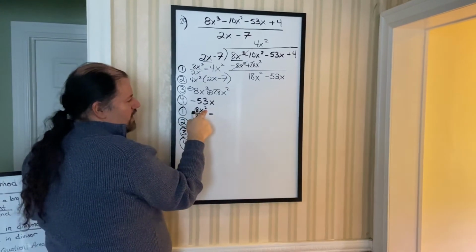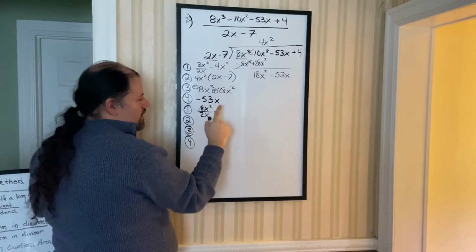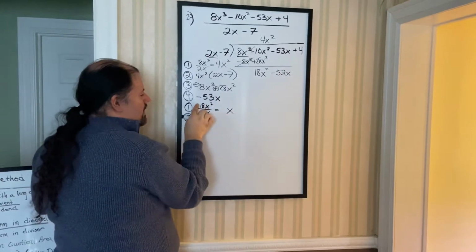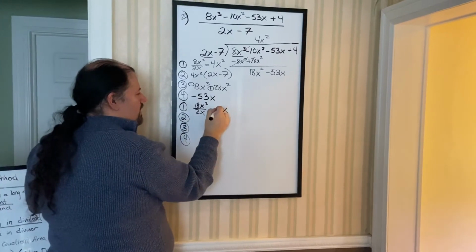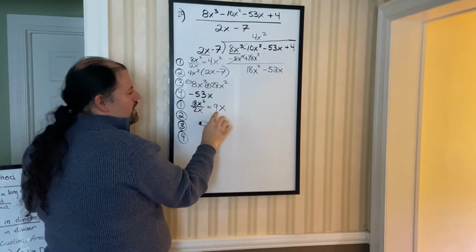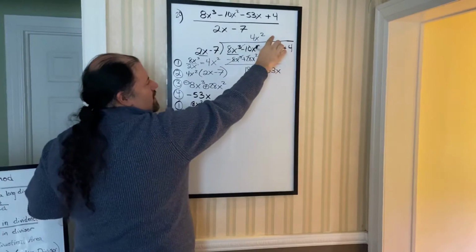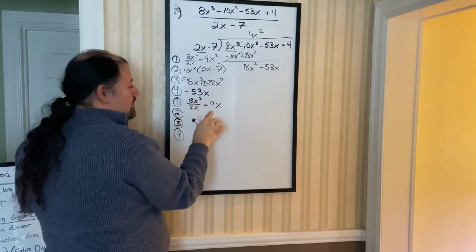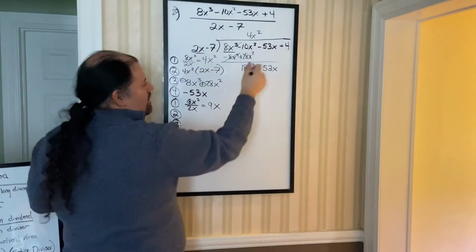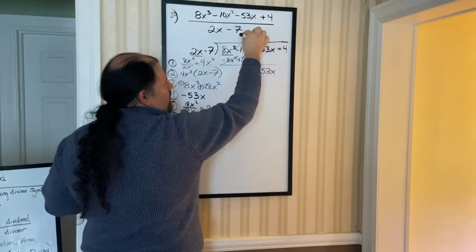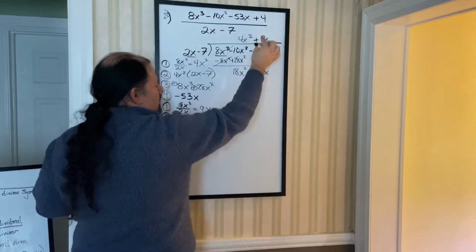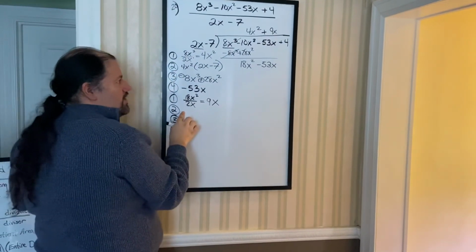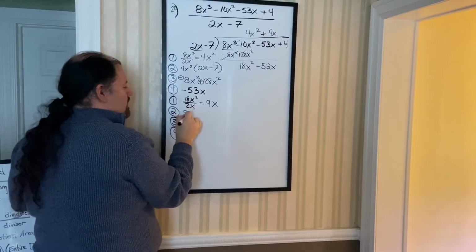You know that if I have 2 x's on top, 1 on the bottom, there's an extra x on top. And then 18 divided by 2, remember, reduce the coefficients, we'll get 9x. You make sure you put it up in the quotient area before you go to step 2. Since this is a positive, make sure you put a plus sign so you can separate round 1 versus round 2.